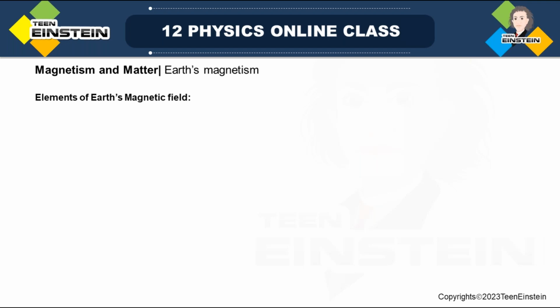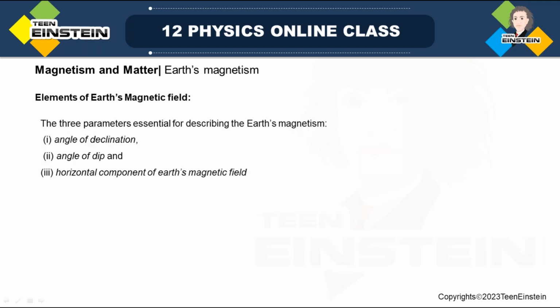Now we'll discuss the elements of Earth's magnetism. There are actually three parameters which are essential to describe the Earth's magnetic field or Earth's magnetism quantitatively.